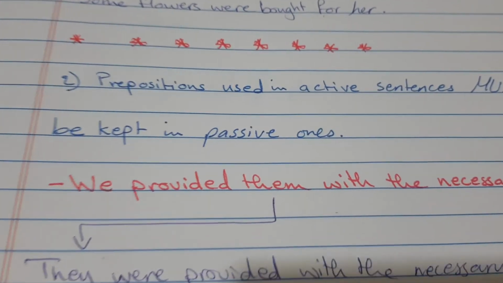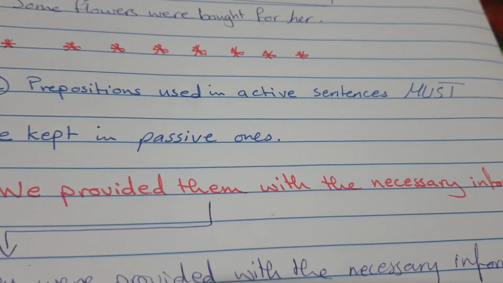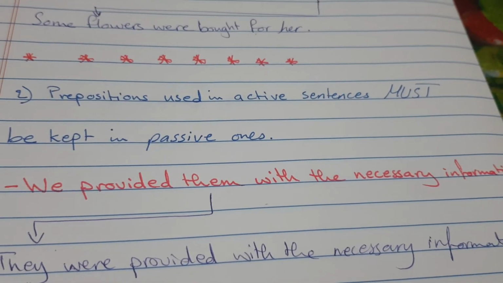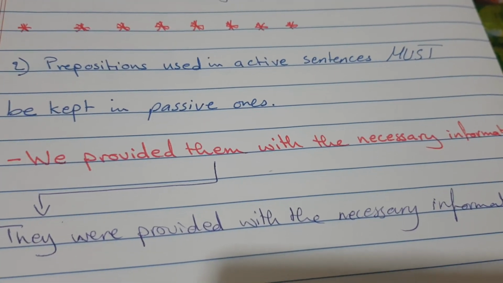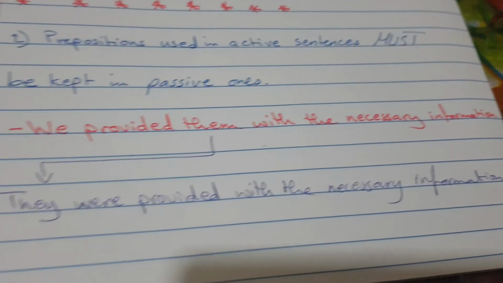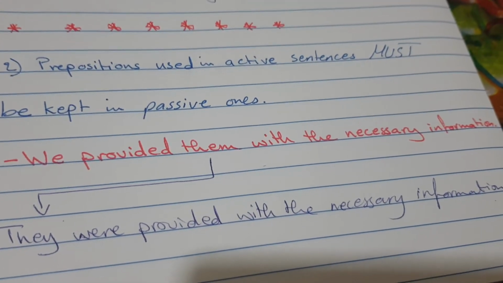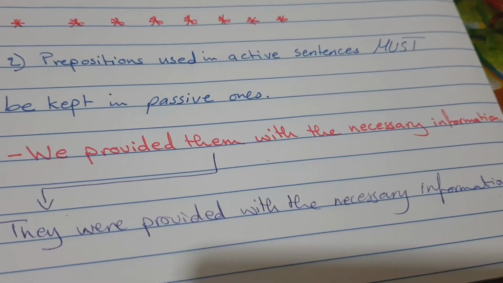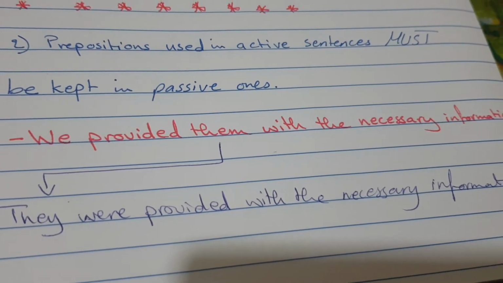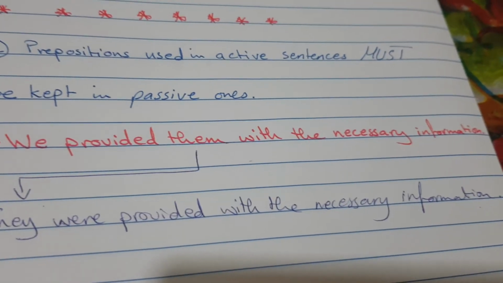Now, if the sentence has a preposition in the active sentence, we must keep it in the passive sentence. For example, we provided them with the necessary information. Now, again, we check the tense, provided. In here, past simple. Them, the object, and we have with, that is the preposition. Whatever comes after it, we keep it as is.